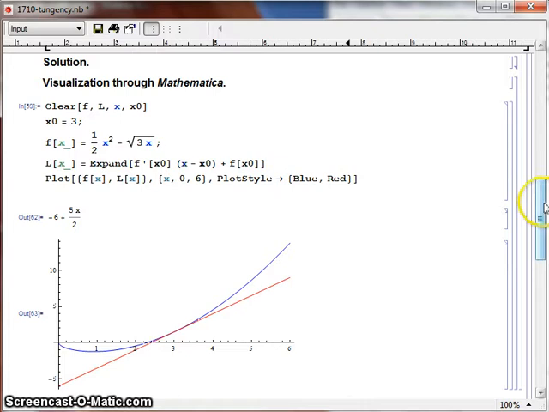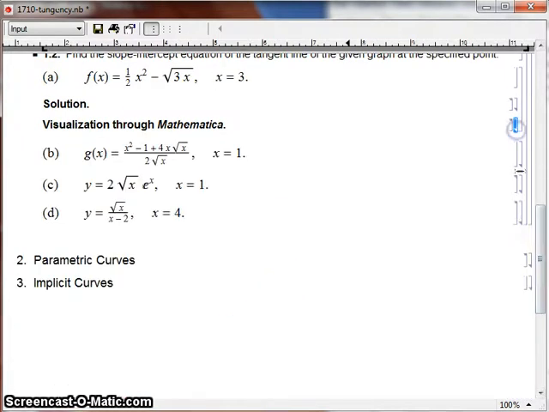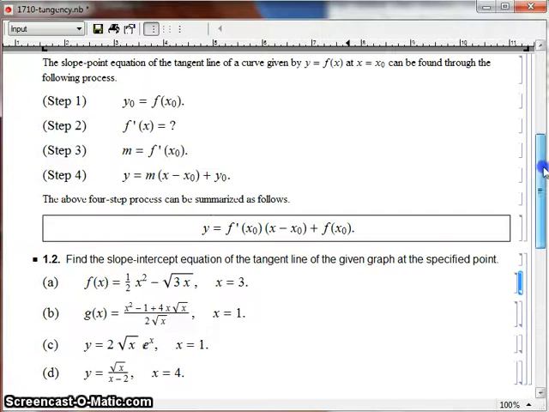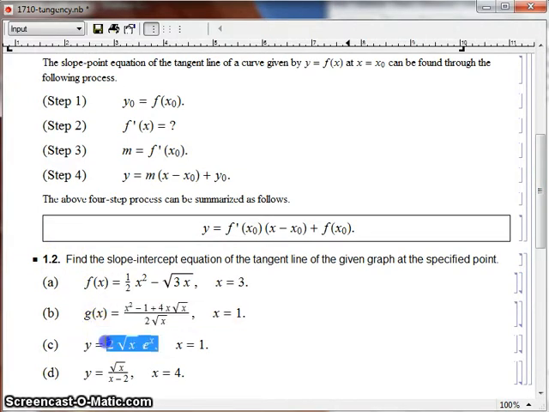The other problems are kind of like this too. I have written many more problems here, but except for a little bit more complicated functions, the idea is exactly the same. Same step-by-step process: y-coordinate, derivative, slope, and then the equation of the line. The derivative computation may be a little bit more complicated.